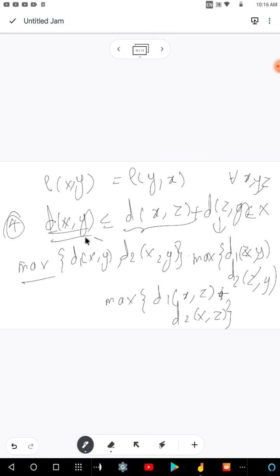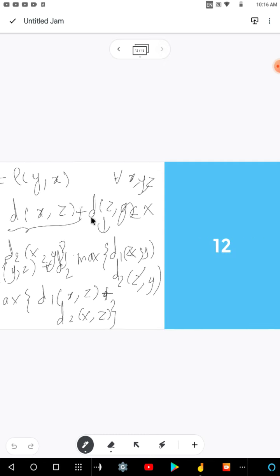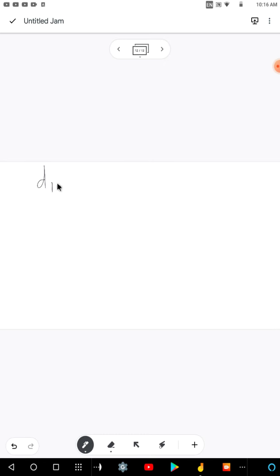So if d1 is the maximum among the two metrics, d1 of x comma y is always less than or equal to d1 of x comma z plus d1 of z comma y. Since this is a metric, it satisfies the triangular inequality.